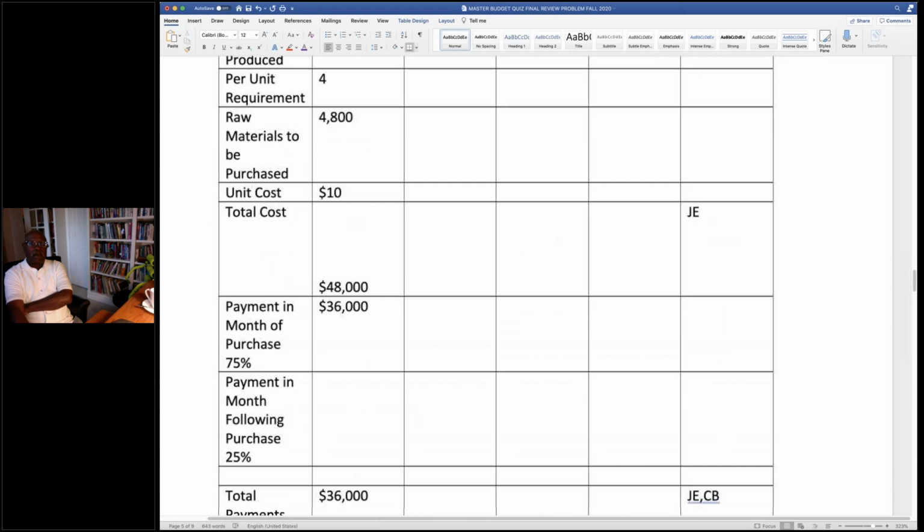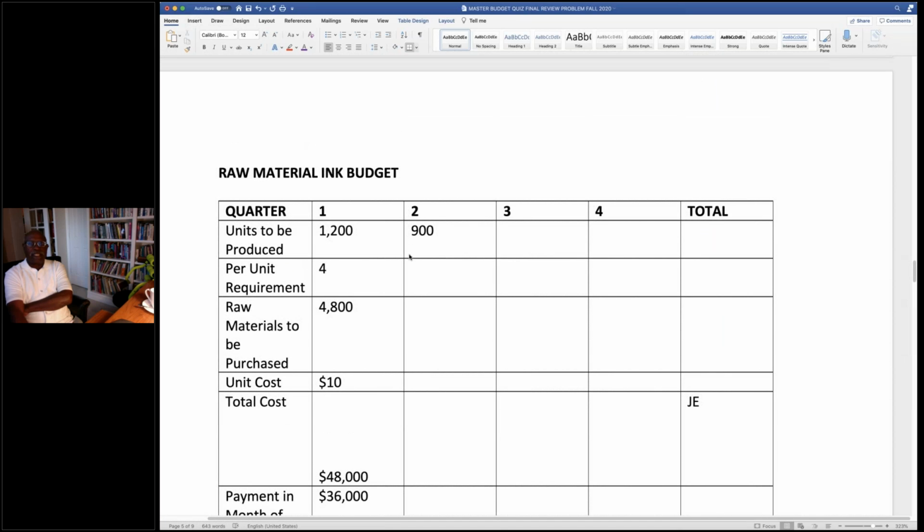So let's see where we are with the ink. We need 900, so that's a 4. So how many do we need to buy? 3,600. No, they're gonna cost us $10.